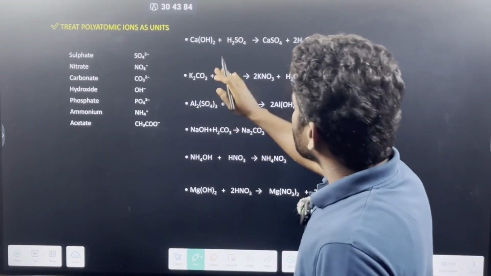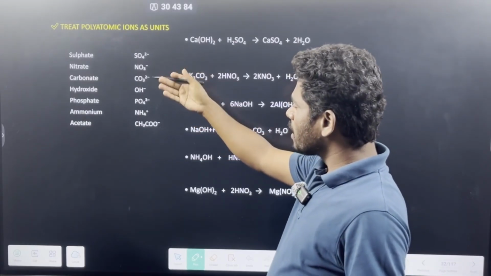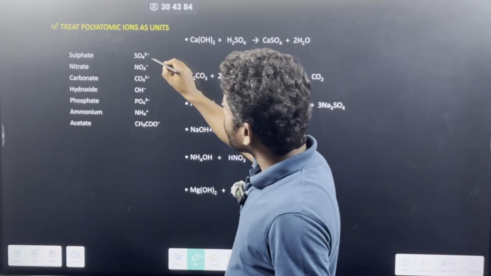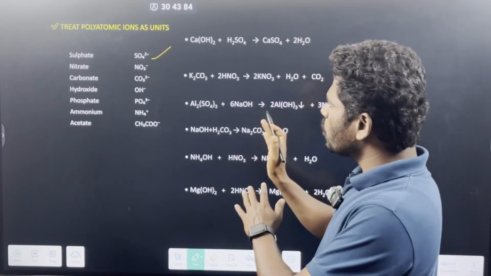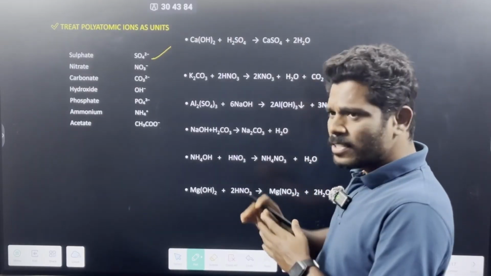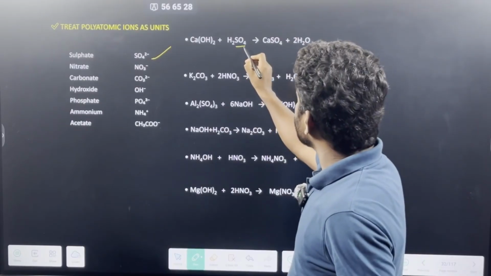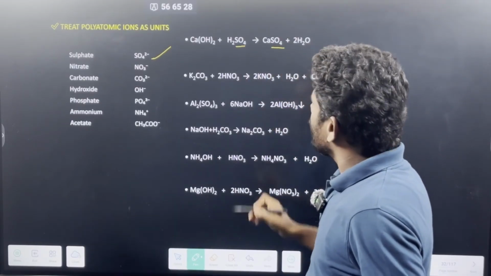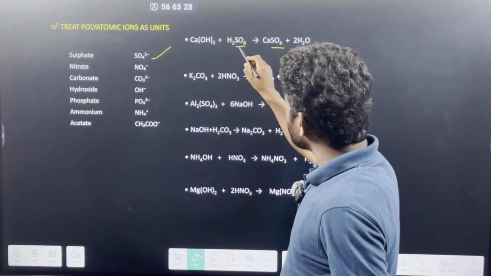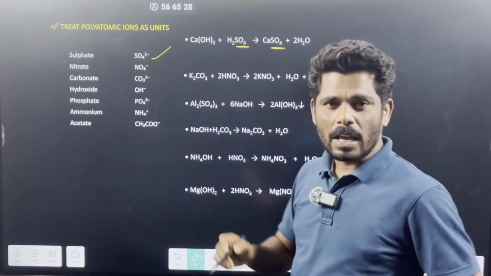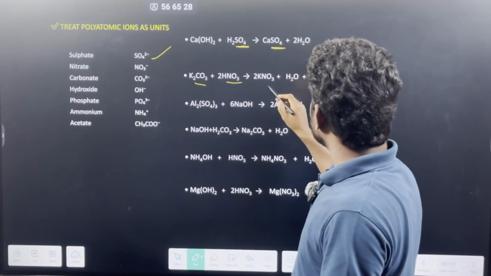Now usually in the trial and error method, this is a small hint. Whenever you are trying to balance equations which have polyatomic ions, that is complex ions, if they don't change from reactant side to product side, just treat them as a single unit so you can balance them easily. For example, see, sulfate here and sulfate here. So instead of balancing the sulfur and oxygen separately, you can directly balance the sulfate, and check the number of sulfates on the left side and right side. And in this equation, carbonate, nitrate here.